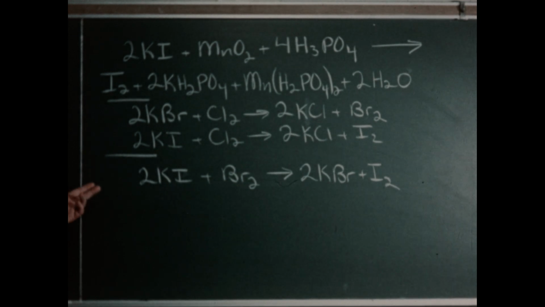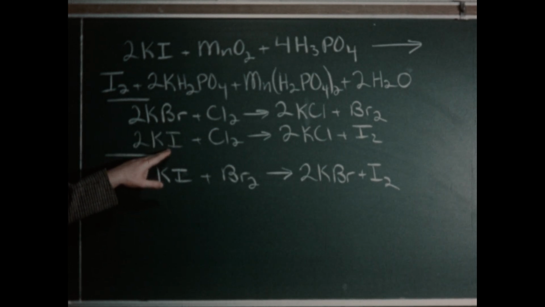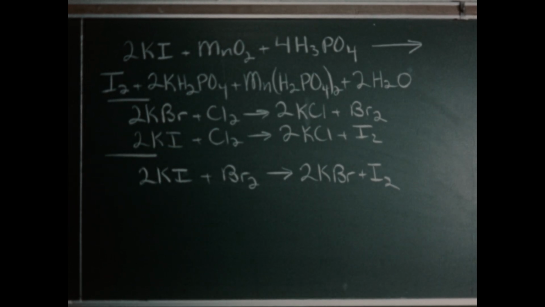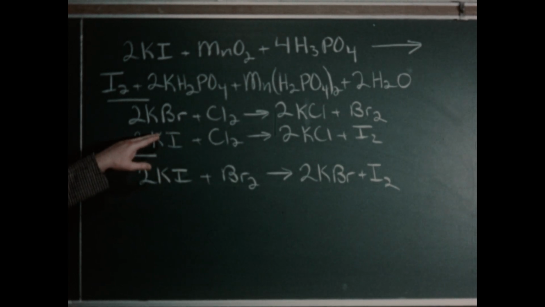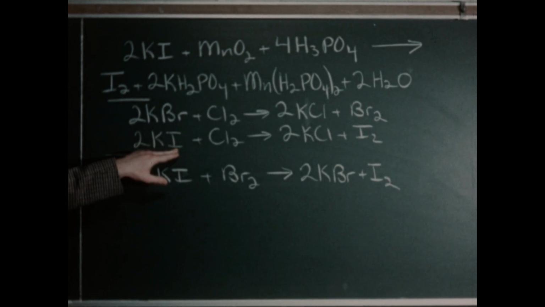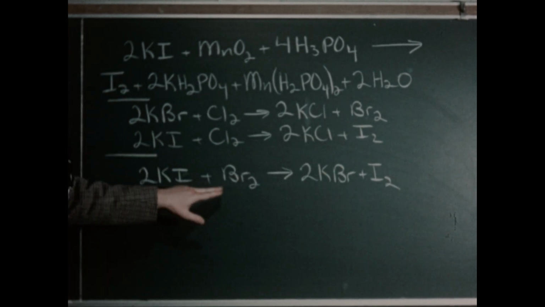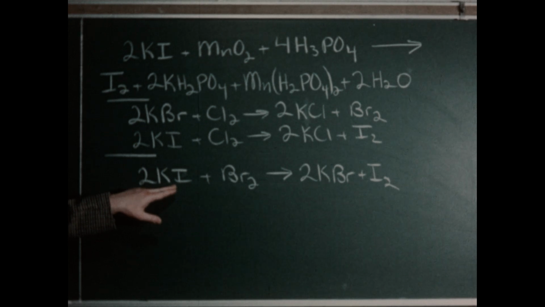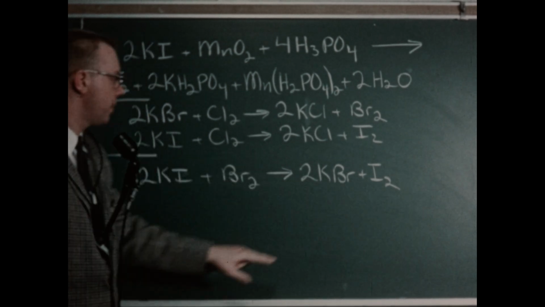Later, we studied the activity of the three halogens, chlorine, bromine, and iodine, with respect to displacement reactions of one with another. And we found that chlorine was sufficiently active to react with both bromides and iodides, producing the free halogen in each case, and that bromine was active enough to react with iodide, producing bromides and iodine.